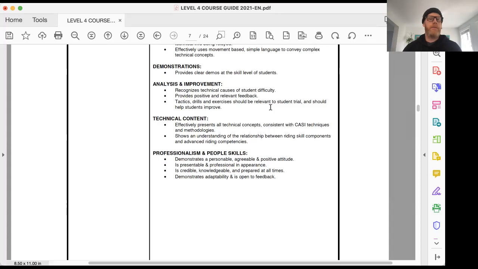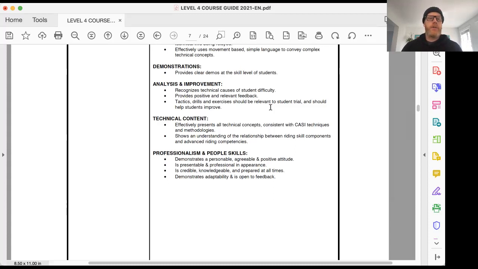We're not looking for you to reinvent the wheel. We're not looking for a new groundbreaking technical idea. We are looking for some creativity in relaying some of the technical ideas that are already in place. But this idea of being consistent with CASI techniques and methodologies is really important. Show us that you have a really refined understanding of the stuff that we teach at all levels and that you can apply it to the highest level.